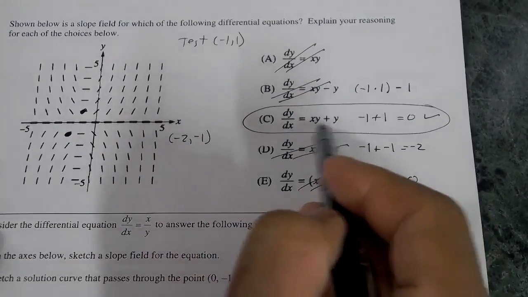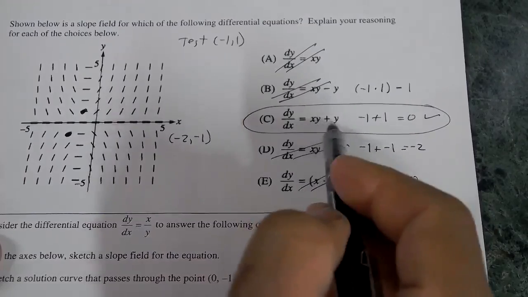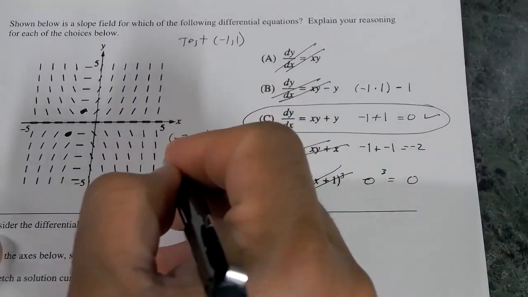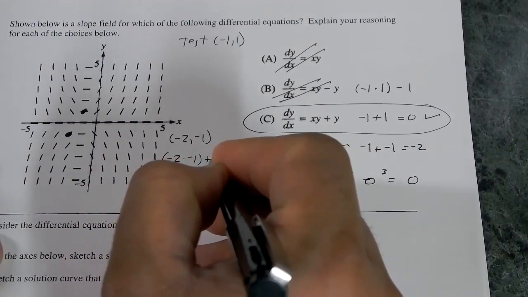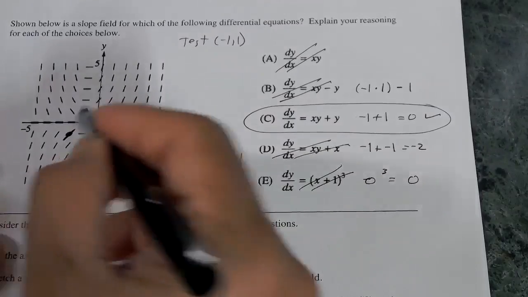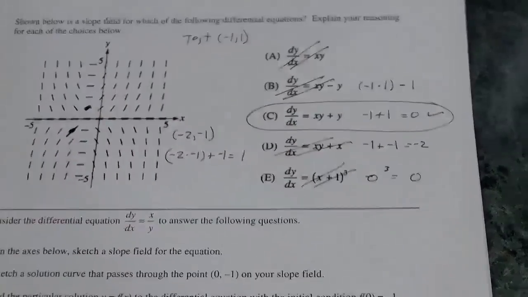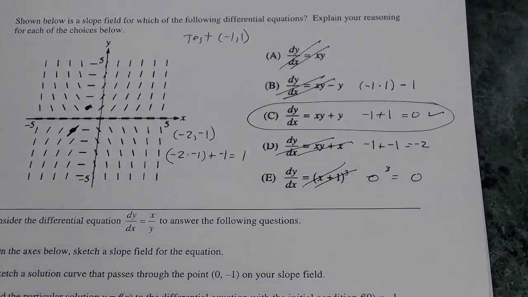So if I plug it in here, I should end up with a positive. So let's see. Negative 2 times negative 1 plus negative 1 gives me a positive 1. Yes, see that slope right here is a positive slope, so that works out. So the answer to that is C.